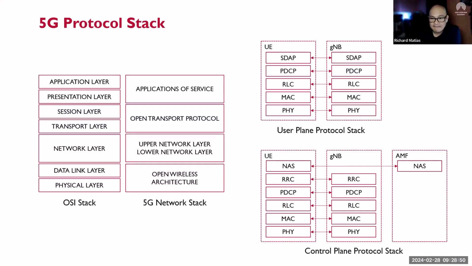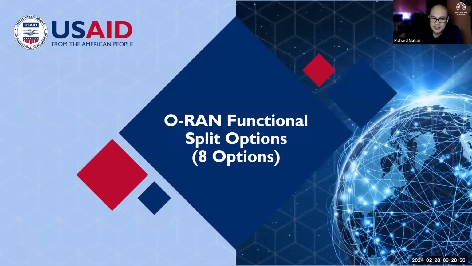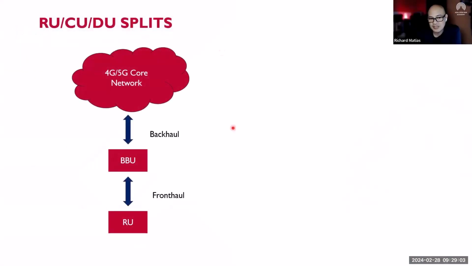Now, if you go to this protocol stack, you will see that there are 8 split functions. Remember, these are the original architecture from the core network to the baseband unit to the RU. So this is the radio access network.